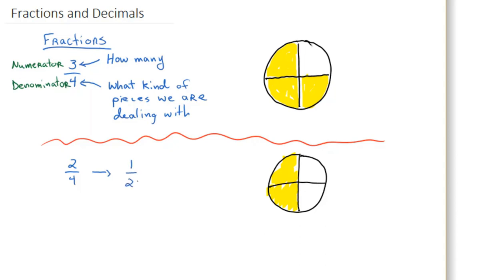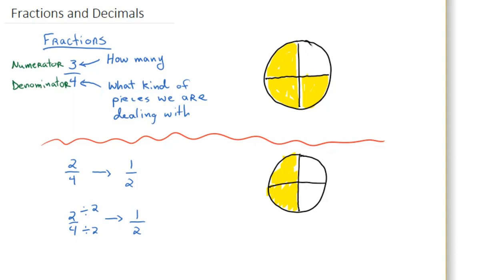Mathematically, how we show that is, if I have 2/4, then both the top and the bottom, both the numerator and the denominator, are divisible by 2. So I can divide the top by 2 and divide the bottom by 2. 2 divided by 2 is 1, 4 divided by 2 is 2, and that's how we reduce fractions: we figure out how much of the exact same number we can divide out of the top and out of the bottom.